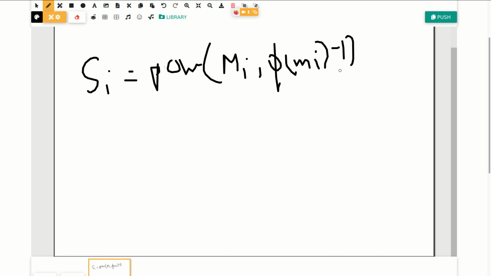This would give us the inverse of capital Mi under mod small mi, of course. Does everyone get this? Okay, I think everyone gets this.